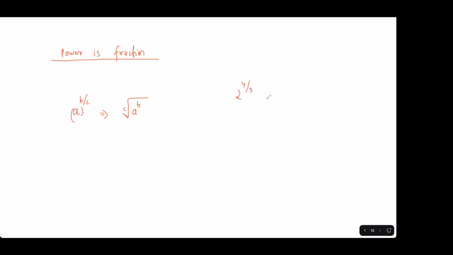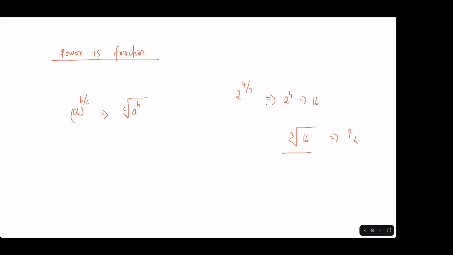What does 2 raised to 4 mean? 16. Correct? Now 2 raised to 3 is in the denominator, so it becomes the root sign. So you get the cube root of 16. Now we don't know its value, okay? It doesn't matter, this is just for explanation purposes. So in the options it would be like this.